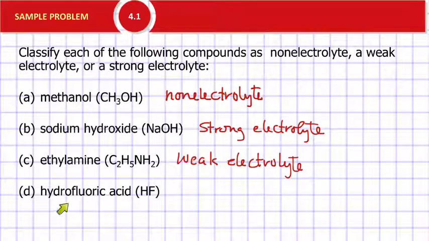Okay, how about this? Hydrofluoric acid. Is it ionic? No, there's no metal, there's no NH4. Is it an acid? Yeah, it's got the name acid in it. Then we have to ask ourselves, is it a strong acid? Well, there were 7 of them.